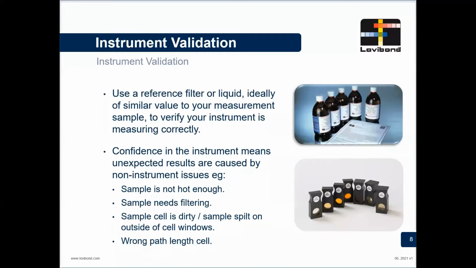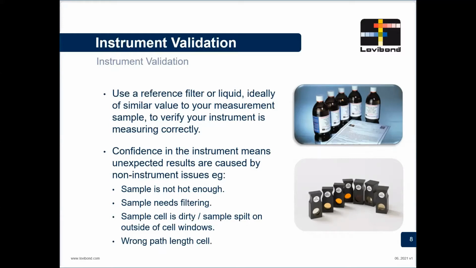The other thing I've talked about before is instrument validation. So the idea of this is that we use a filter or a reference liquid fairly often, maybe once a day with a reference filter, maybe once a week with a reference liquid.